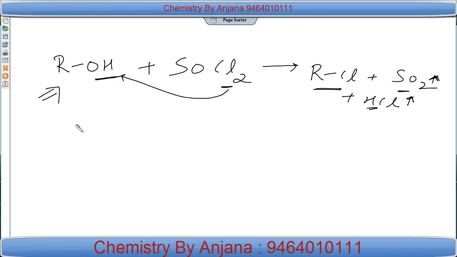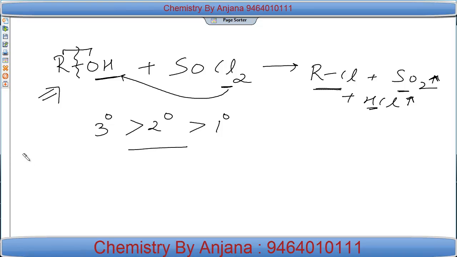So the first category we were discussing, making alkyl halide from alcohols, is over. In all these reactions, tertiary alcohol is preferred, then secondary, and then primary alcohol. The preference order remains the same because it involves the same bond cleavage between C and O, as we discussed in the first slide.